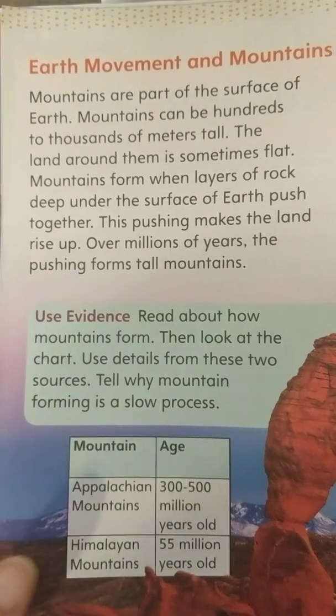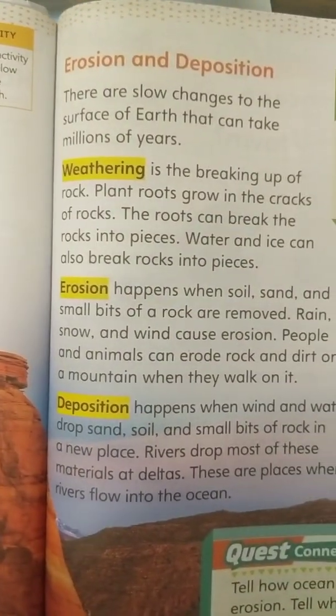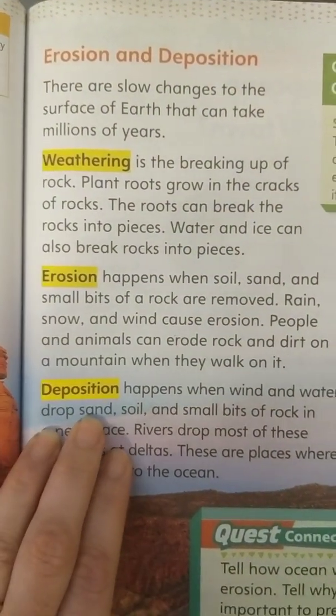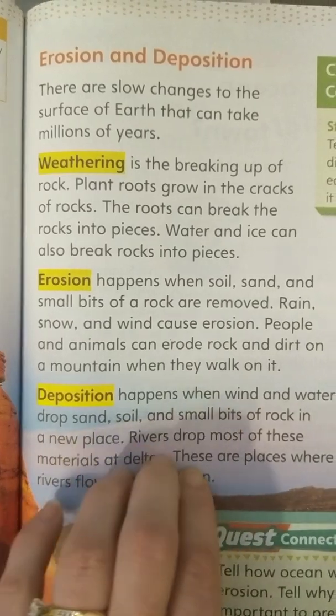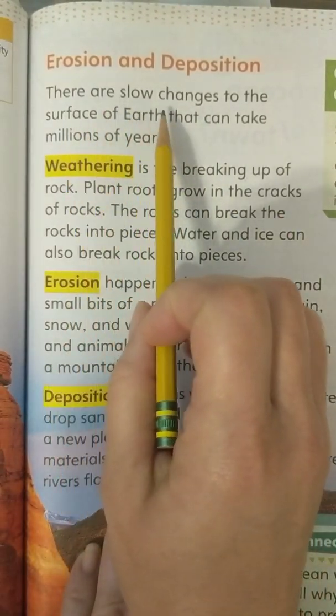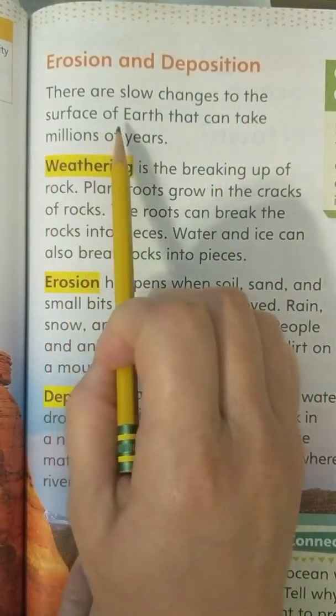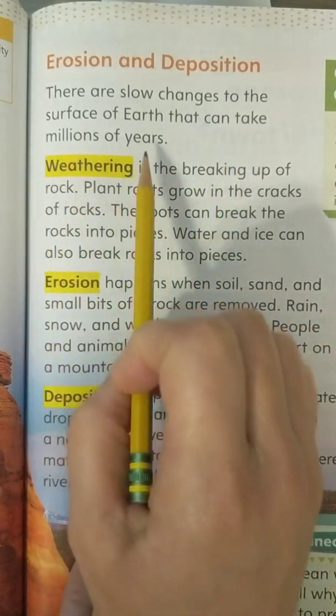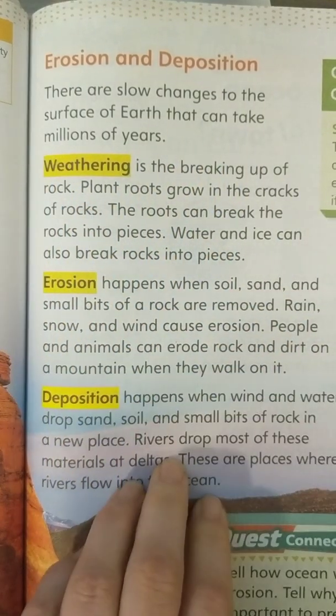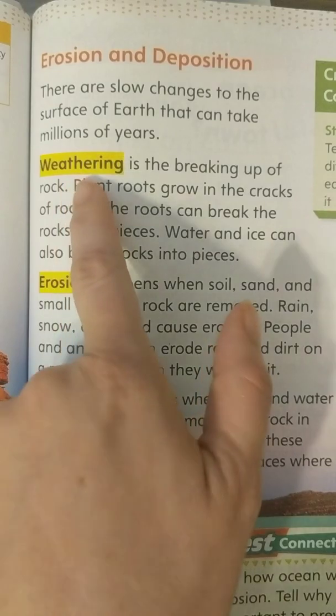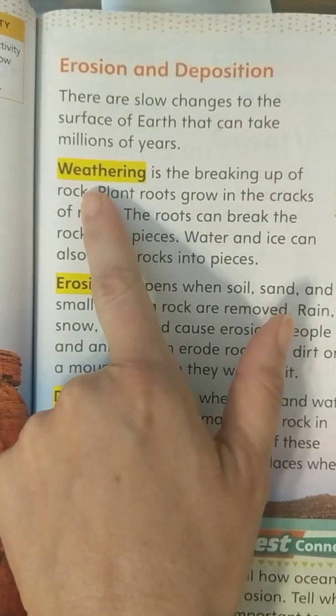Okay, now let's look at a different type of slow change to the earth, erosion and deposition. There are slow changes to the surface of earth that can take millions of years. Weathering, okay, I'm not talking about the temperature of the weather outside.